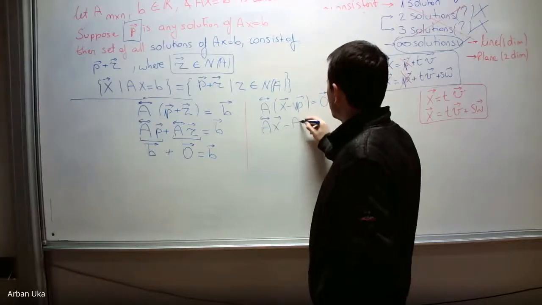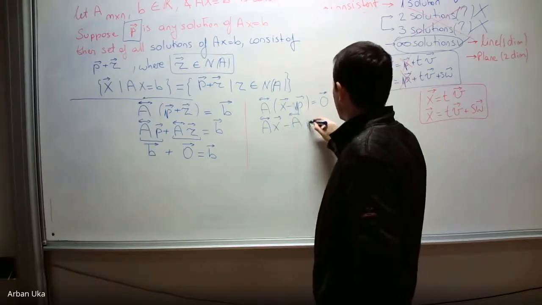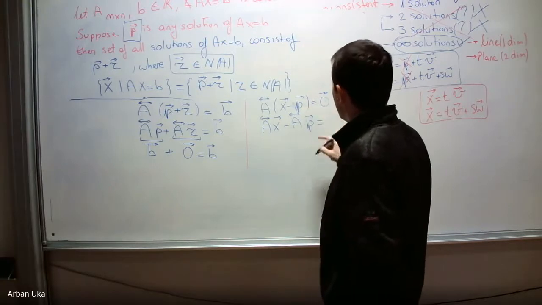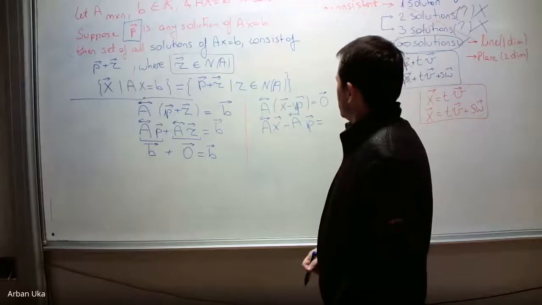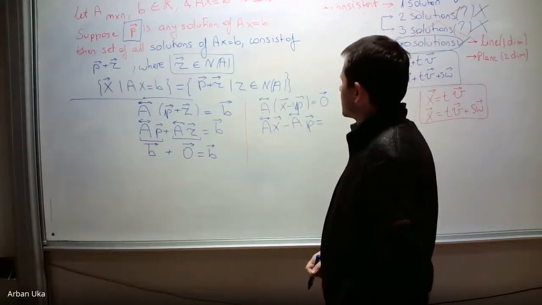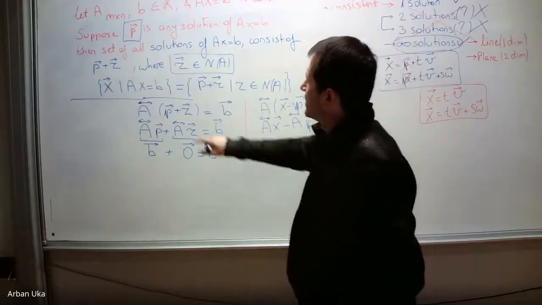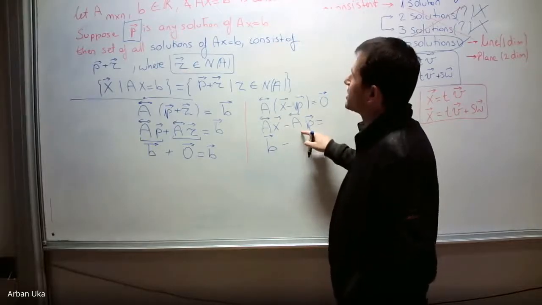Let's check this carefully. Let's see what we get. A times X minus, A times P. Solution, right, minus B. What is A times P?